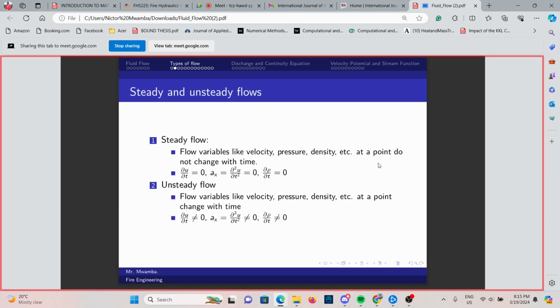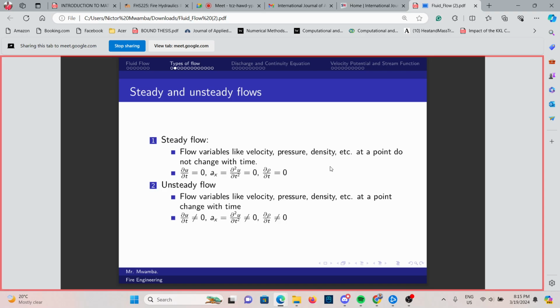So what is a steady flow? In a steady flow, the flow variables like the velocity and the acceleration, or even the density of the fluid, do not change with respect to time. It's like water flowing in a pipe. You come at different times and you find the velocity is the same.